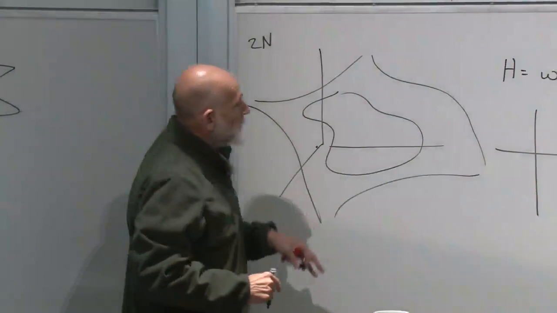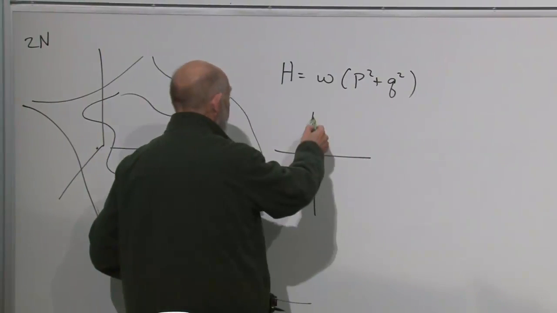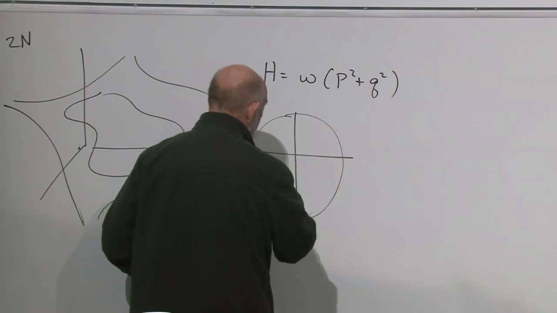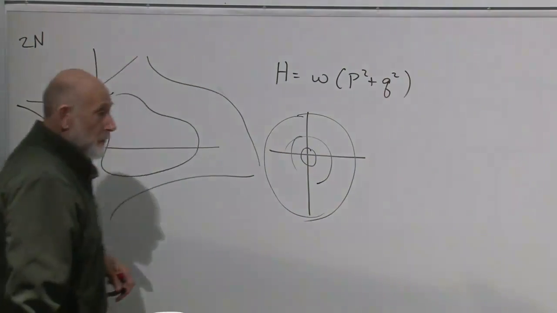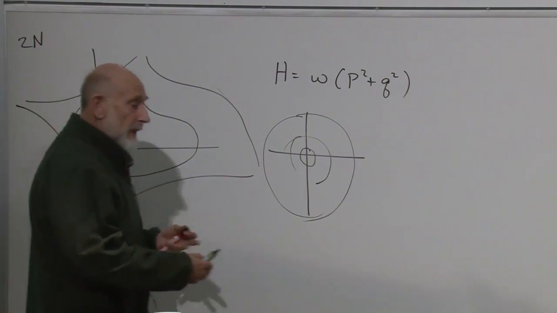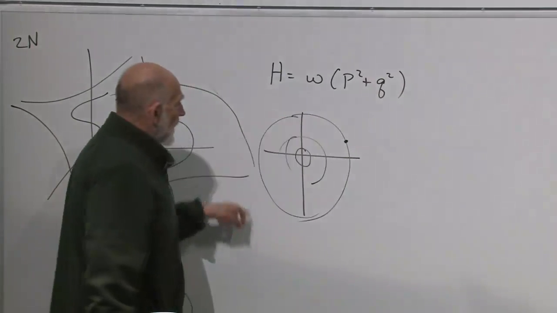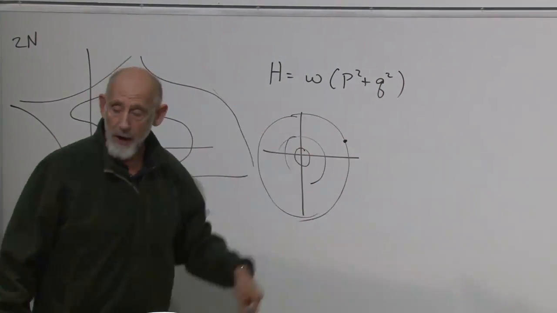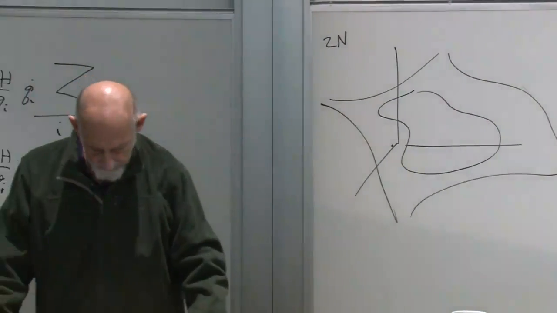We write one equation, p squared plus q squared is a constant. That defines a circle, which is one less dimension. We have different circles corresponding to different total energy. And wherever you start the system, it will stay on the same circle, just orbiting around the origin. So that's another idea.